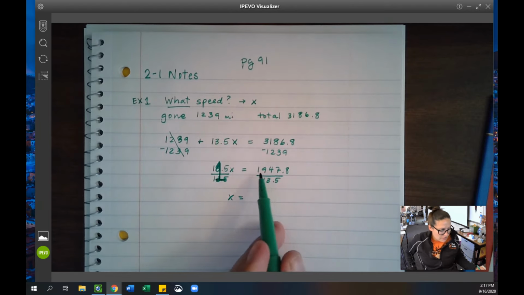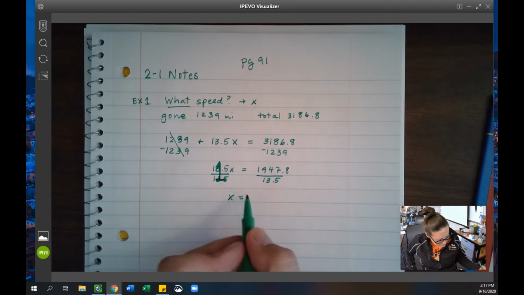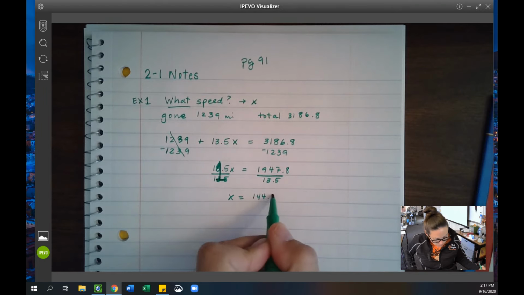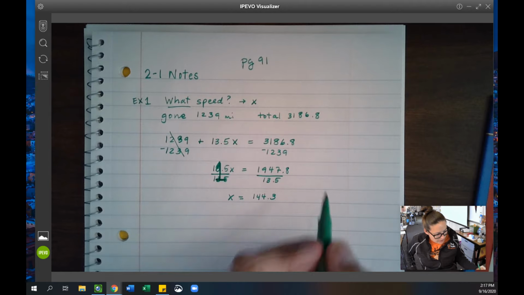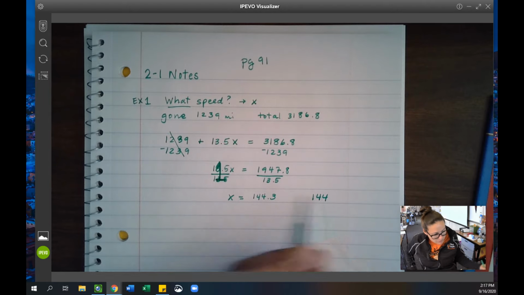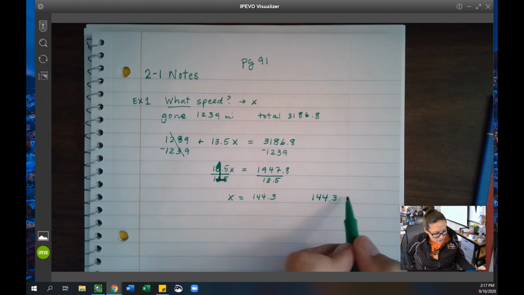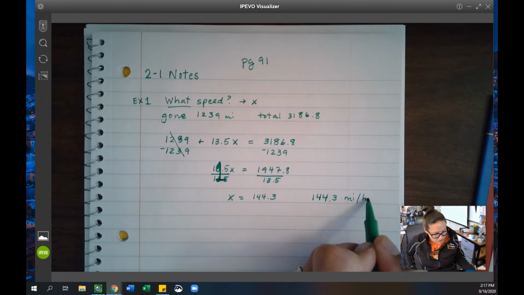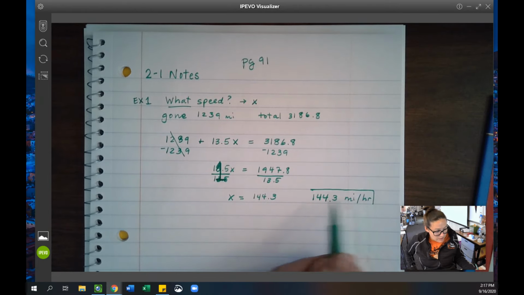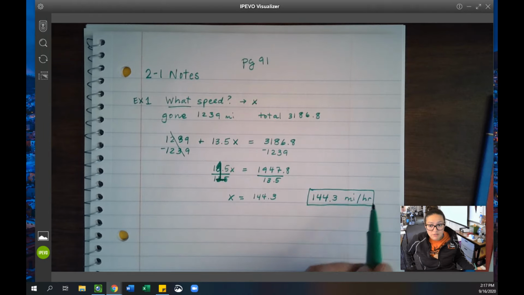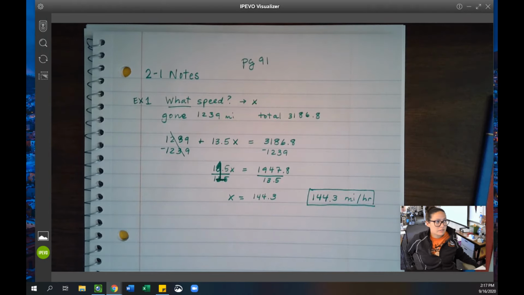So when I do this division, I get 144.3. So the answer, what were we trying to find? We were trying to find the speed. So 144.3 miles per hour. That's cruising. That's really fast. And a hot air balloon? Dang.